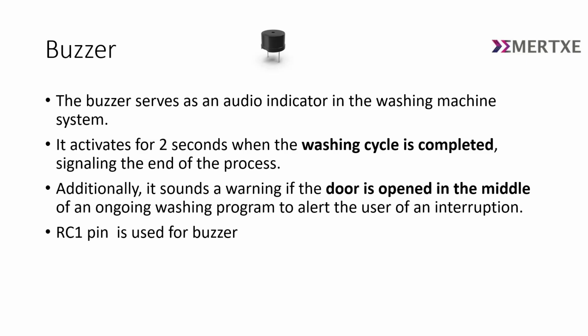We can generally hear this in a washing machine: if you suddenly pull the door during the ongoing process, it will sound the buzzer. It also sounds at the end when the cycle is completed. So here in the project we have given the RC1 pin as the buzzer.